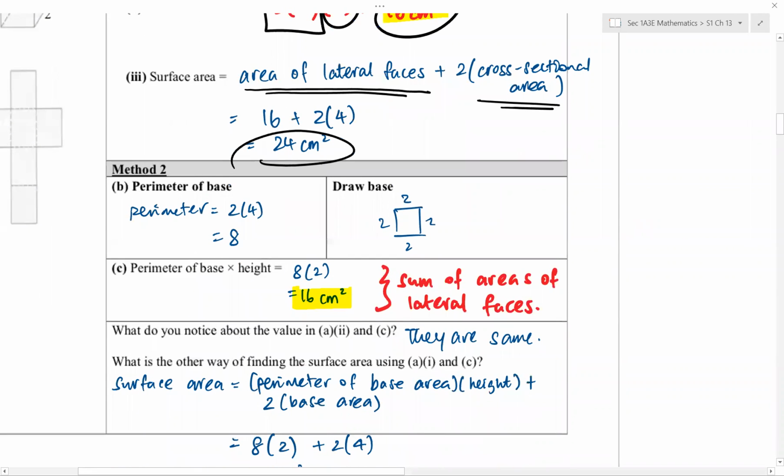Anybody wants to know why, or are you able to figure it out yourself why it is so? Anybody wants to know why, or you okay just accepting? Your choice. So anybody wants me to explain why it is the perimeter? The height will be the distance from the base to the base. That is the height. In this case, it's a cube, so everything is just 2.